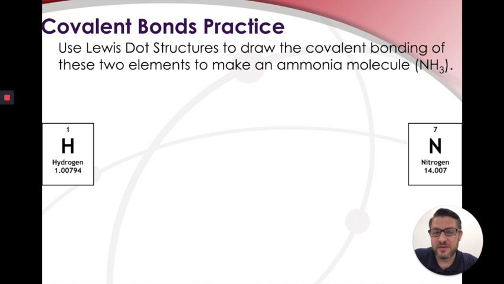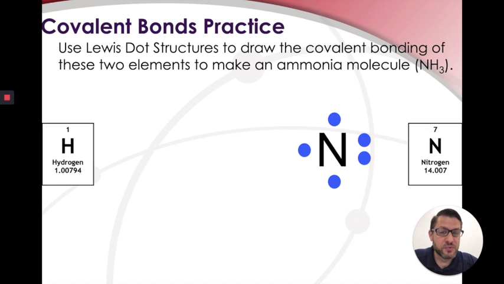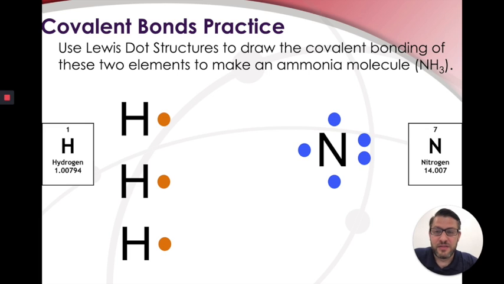So let's look at another example. Let's look at ammonia. Ammonia is NH3. So we need N, which is nitrogen. Nitrogen is in group 5, so it has 5 valence electrons. And again, you put that around the symbol N, going 1, 2, 3, 4, and then doubling up on that last electron. We also need 3 hydrogens because it's NH3.